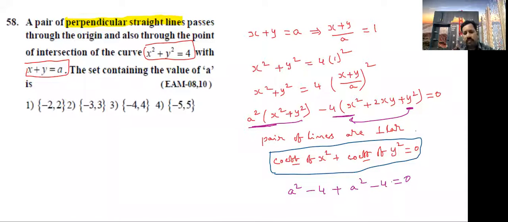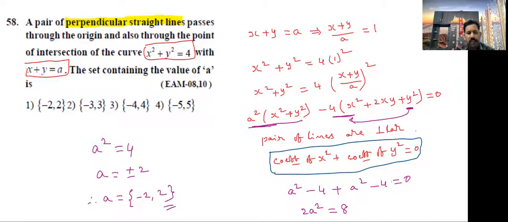So 2a square is equal to 8, a square is equal to 4, a is equal to plus or minus 2. Finally, the values of a we got are minus 2, comma 2. Which option is correct, students? First option.